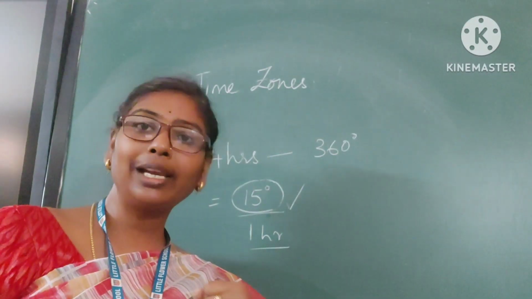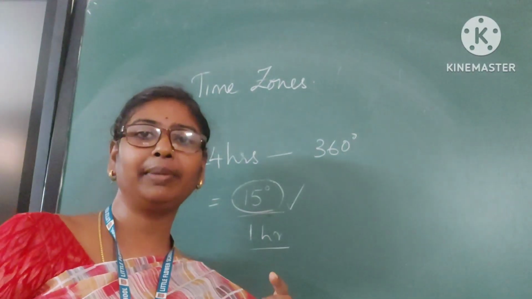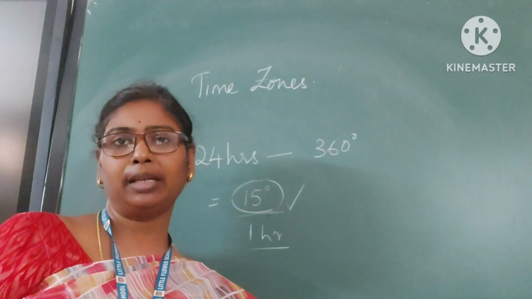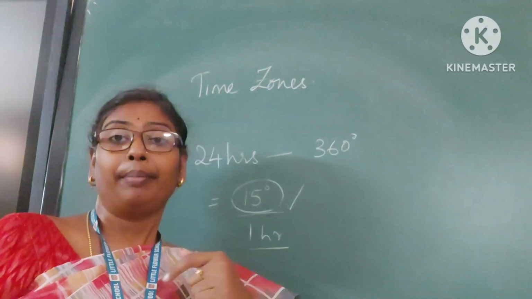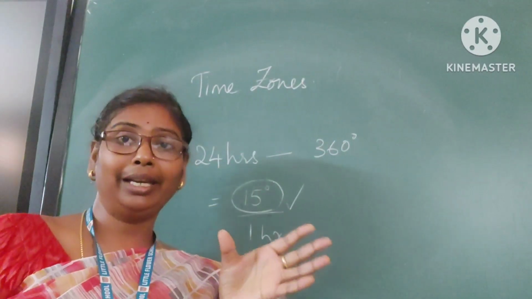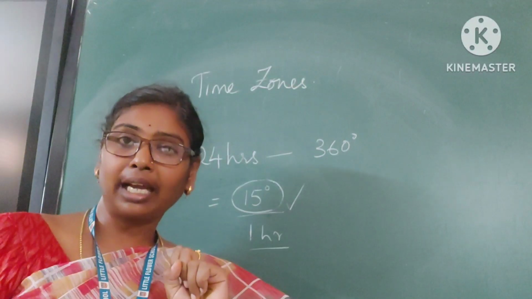If the longitudinal extent is big, then we will have more time zones. But if the longitudinal extent is small, like India, a small country, we have only one time zone.